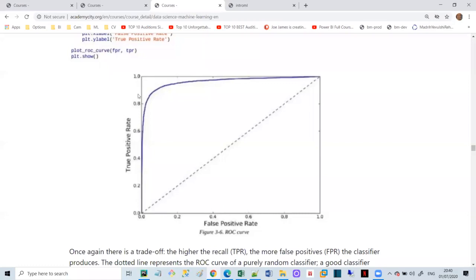And why is it really important? Pay attention here. I can give up a little bit of the false positive rate, and I get to this point where I'm getting really high, almost 85% or 90% of recall, which is really good. I'm giving up only 5%. That's excellent.